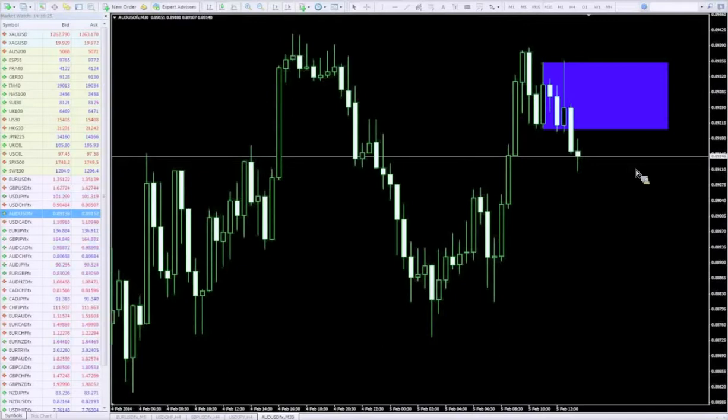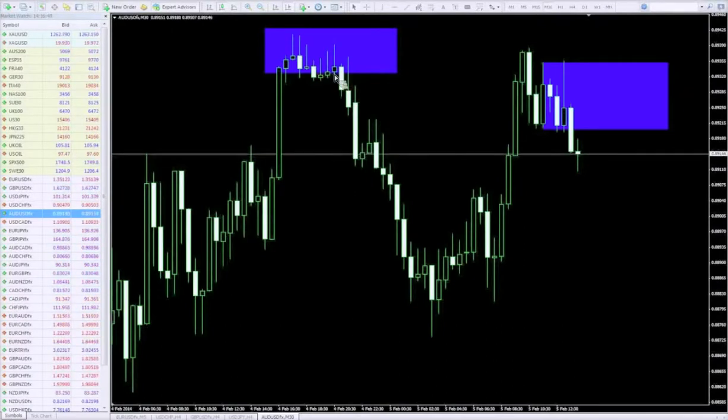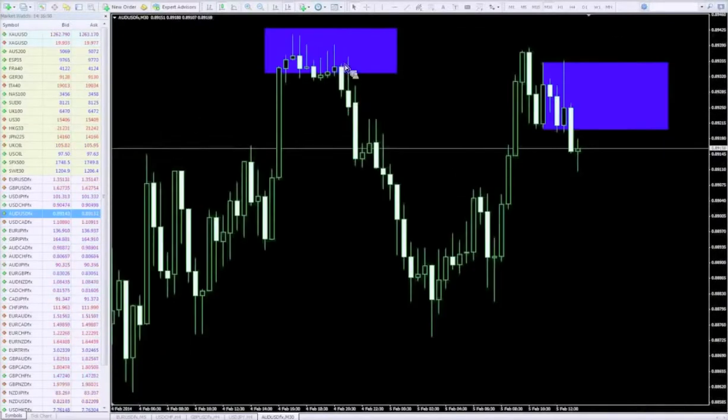In most candle patterns, it's going to be a combination of about 3 to 8 candles that make up the whole thing.